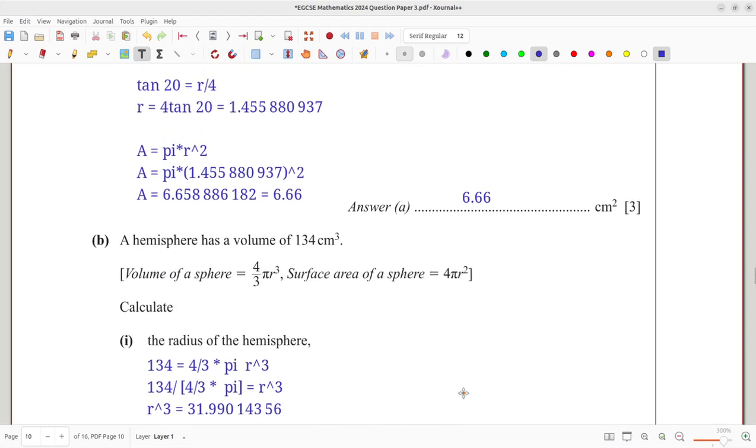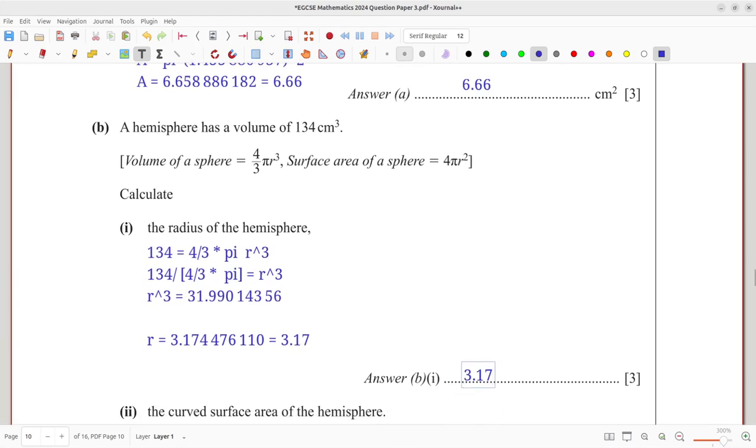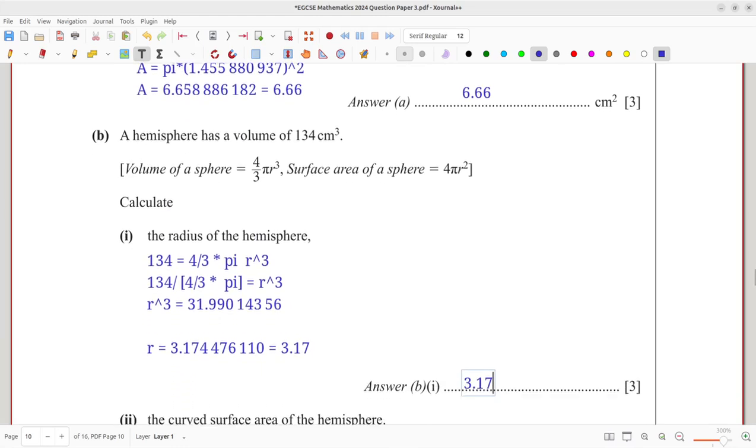Made an error here. This one is hemisphere they are talking about. And then I wanted to find the radius of the hemisphere.